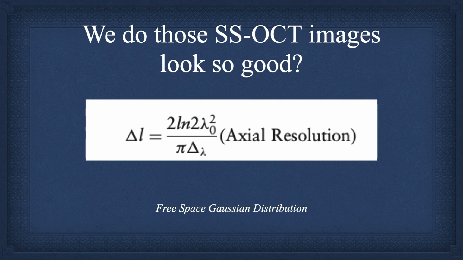If we look at delta L, it's the coherence length, but let's just use it to represent resolution. It's dependent on the median wavelength and the bandwidth of the source in free space with a Gaussian distribution and no dispersion. Those were the qualifiers, but that's how it's always assessed.